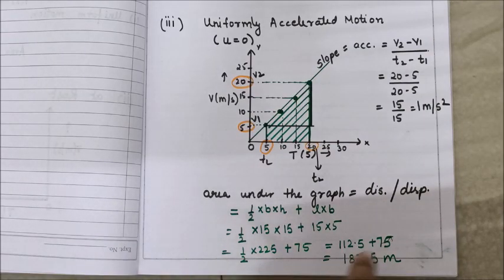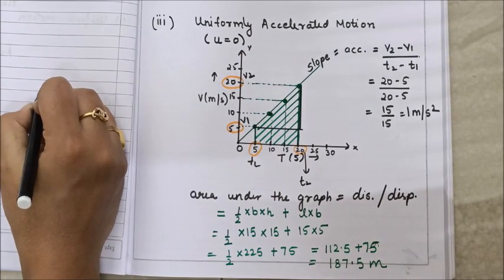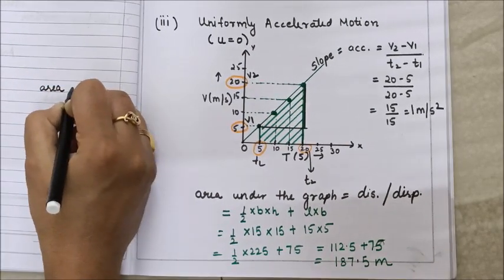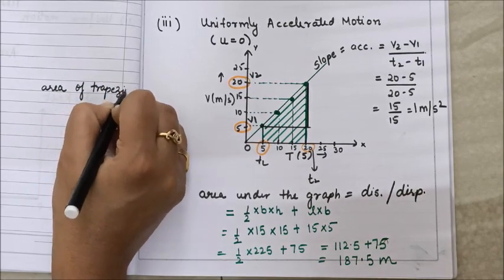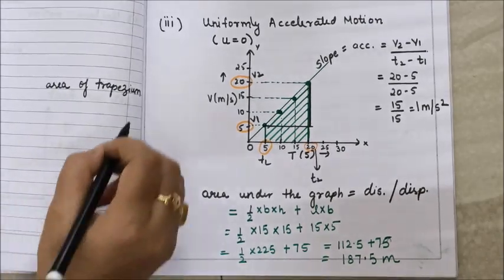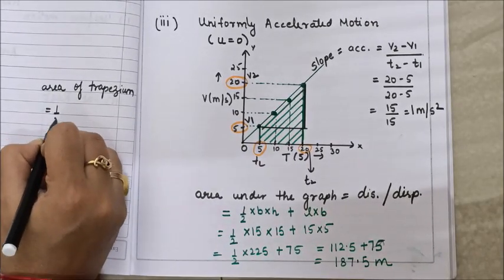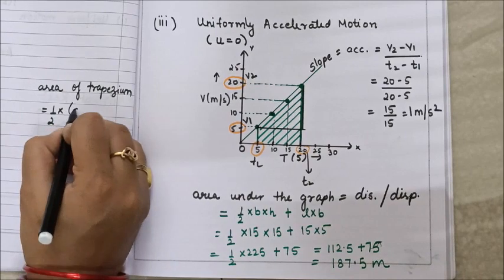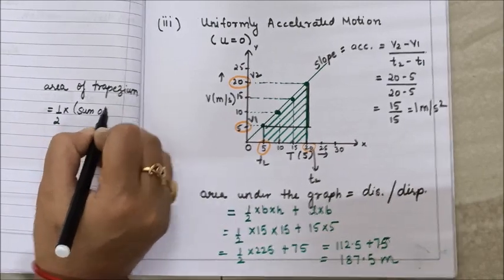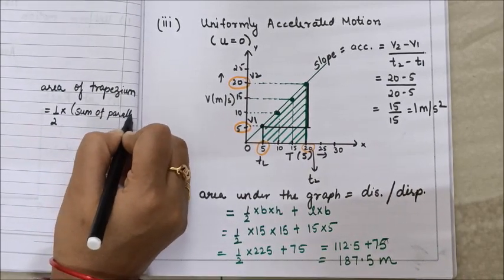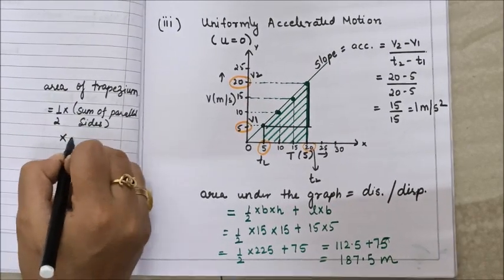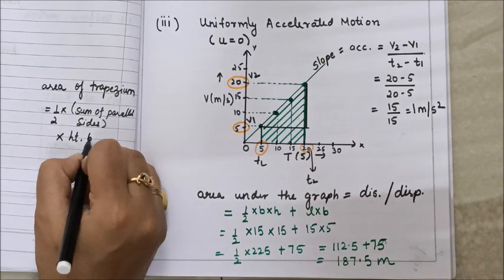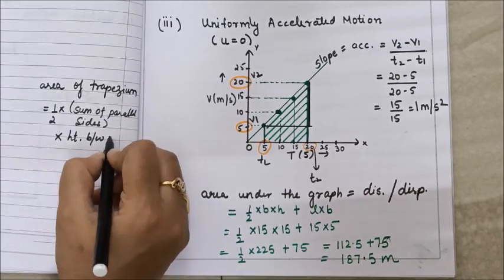I will show you how to get this answer 187.5 also from the formula of the area of a trapezium. As we know, the area of a trapezium is given by half multiplied by the sum of parallel sides multiplied by the height between the parallel sides.